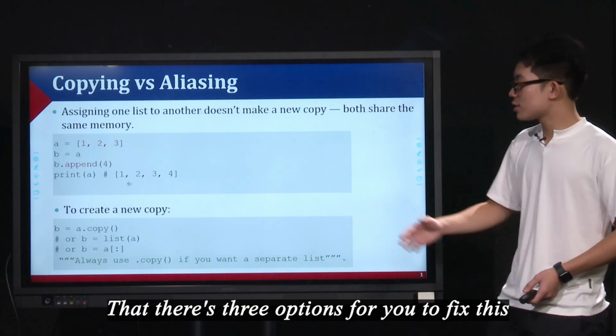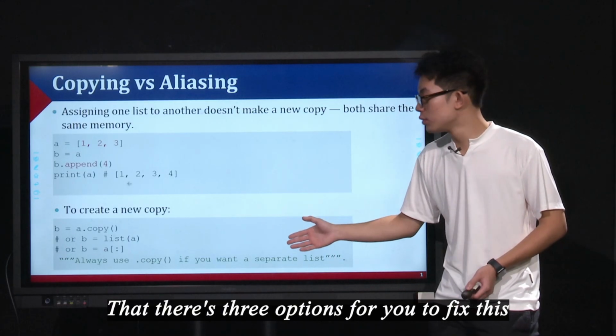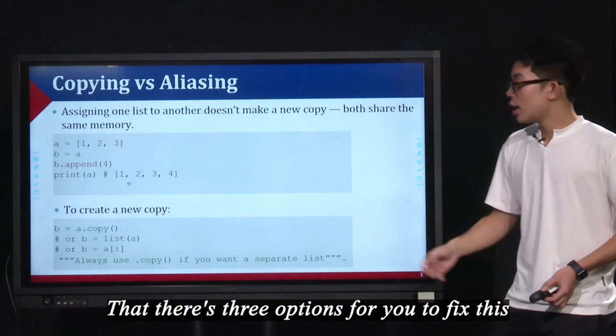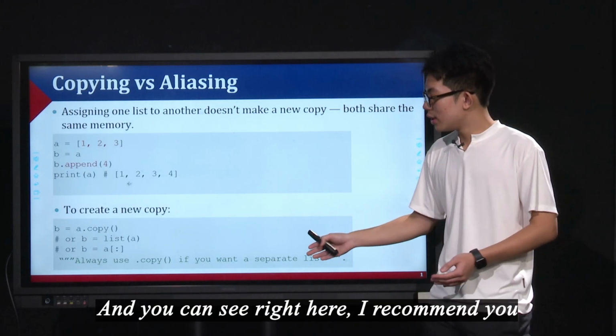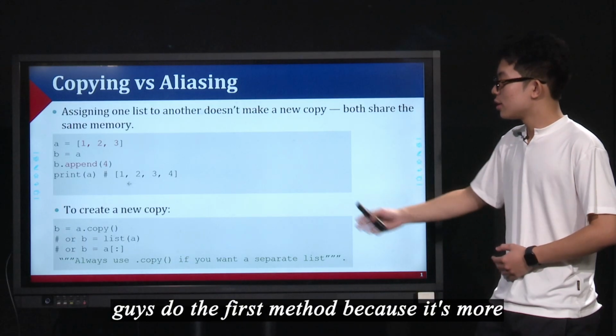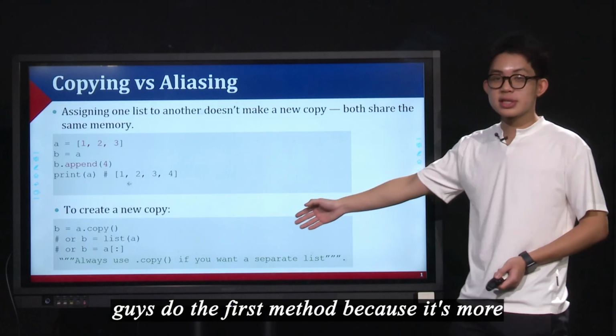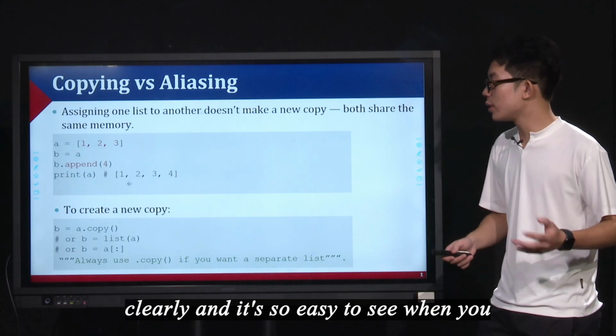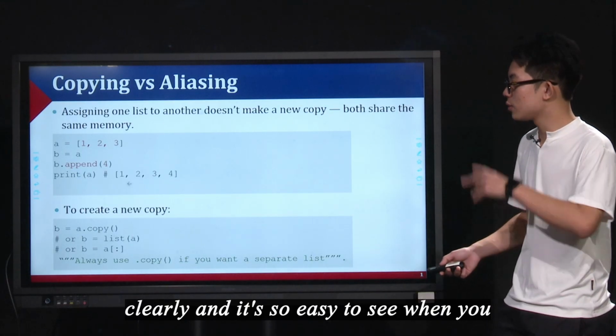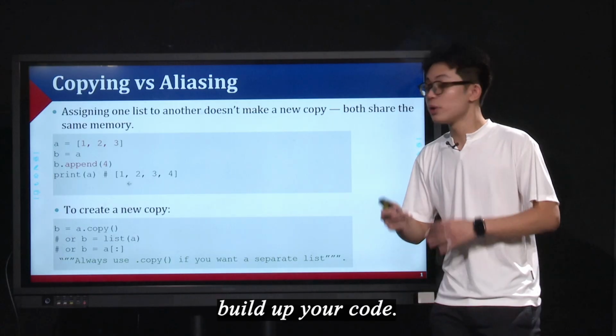There are 3 options for you to fix this problem. As you can see right here, I recommend you guys do the first method because it's clearer and also easy to see when you build up your code.